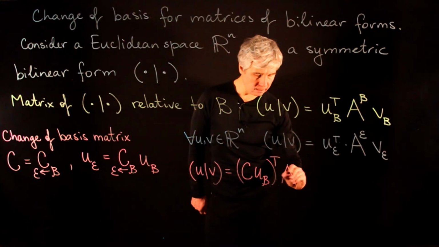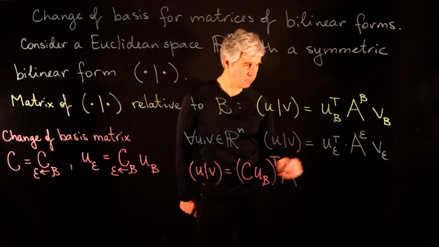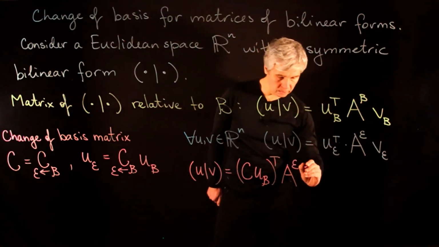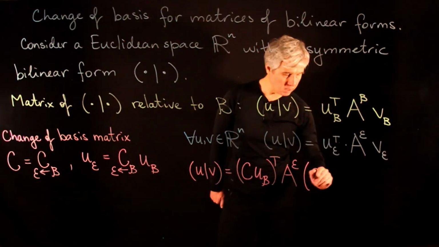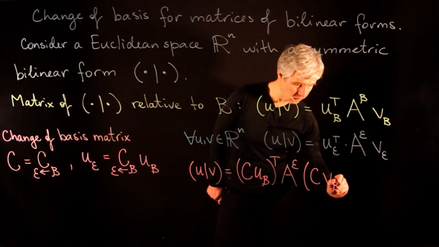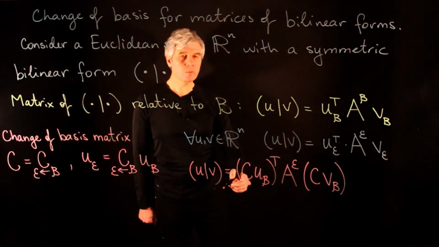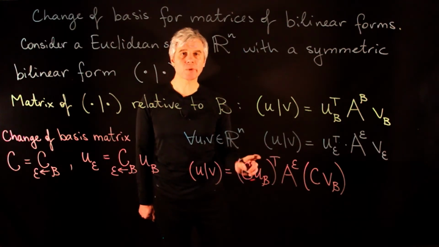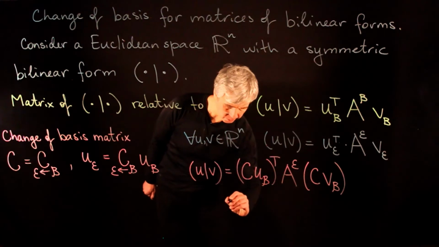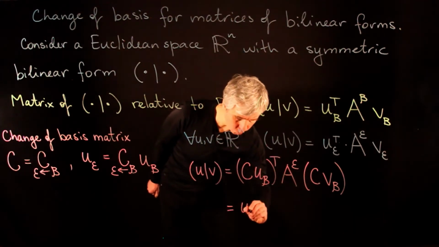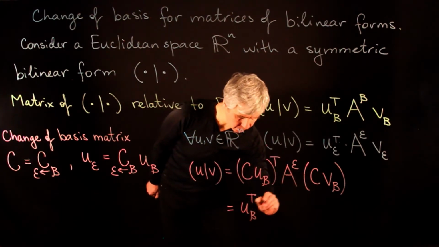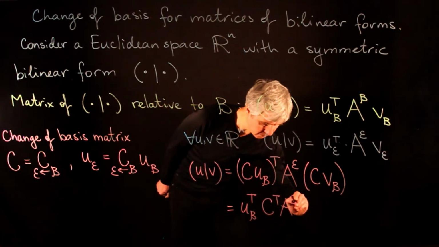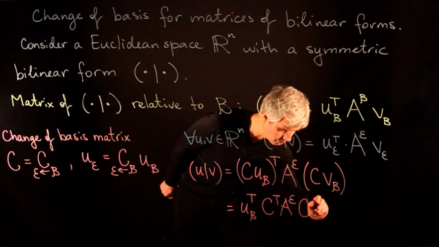Then we have A in the standard basis, and we do the same trick for vector v. So here this will be the change of basis matrix times the B coordinates of a vector v. And now we use the fact that the transpose of the product is the product of transposes in the opposite order. So this becomes u_B transpose times C transpose times A_E times C times v_B.